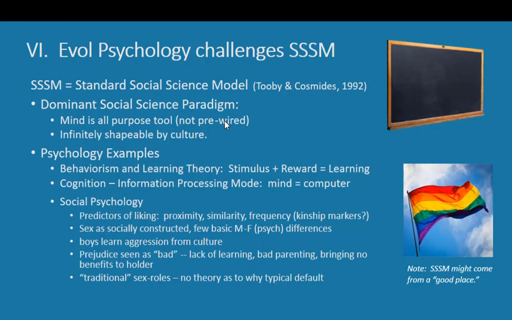So two big names in evolutionary psych, Tooby and Cosmides, in 1992, in one of their major works, talked about the standard social science model, which they refer to as the SSSM. They suggest that this is the dominant social science paradigm, and it's one in which mind is seen as an all-purpose tool.